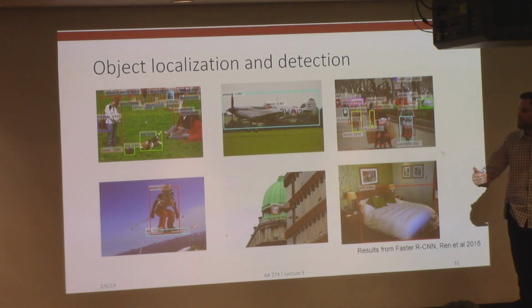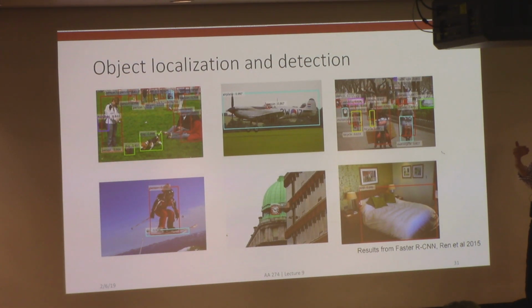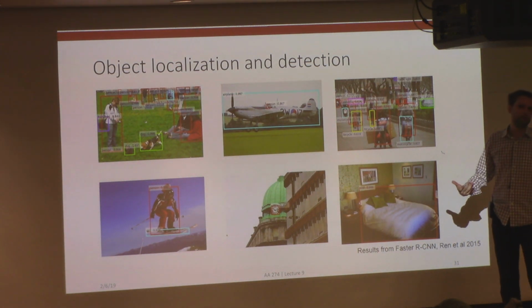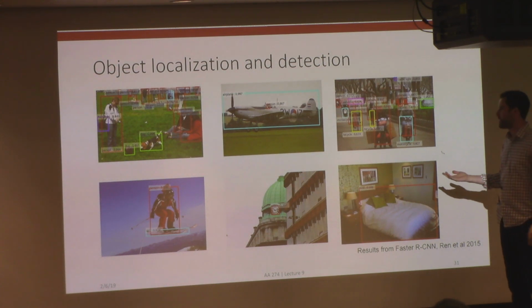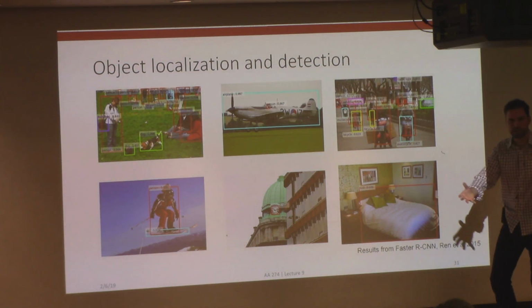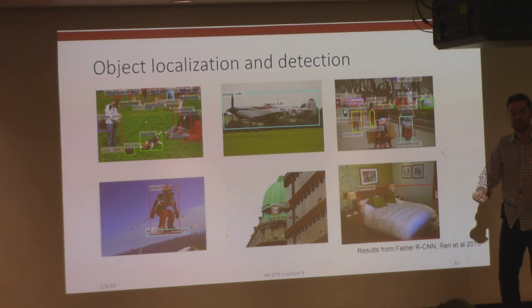One of the most important tasks for robotics is object localization and detection. A lot of what I was talking about with classification accuracy is that you're given an entire image, and you want to predict what that image is of. That's kind of useful, but pretty useless in a robotics setting because you don't just want to look at a street scene and say, person.